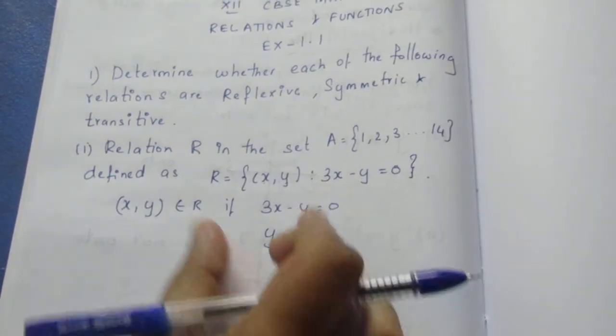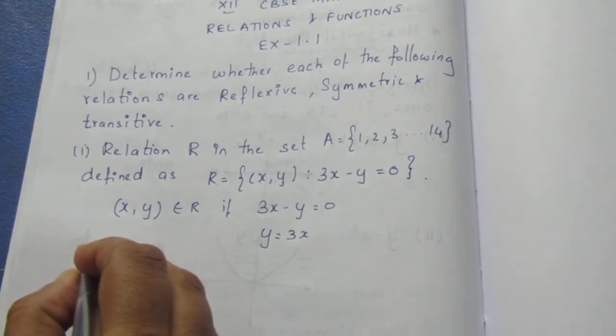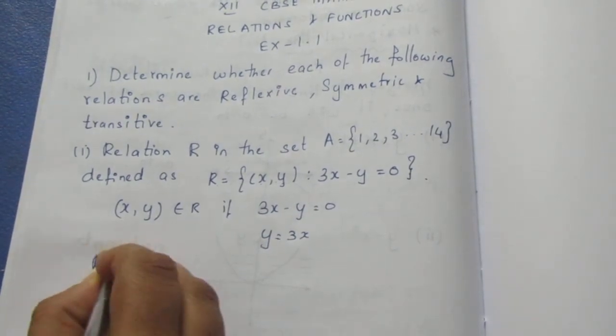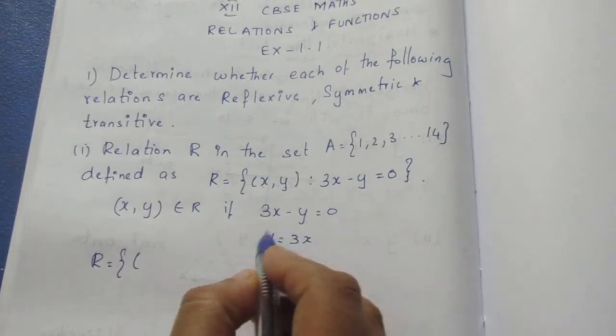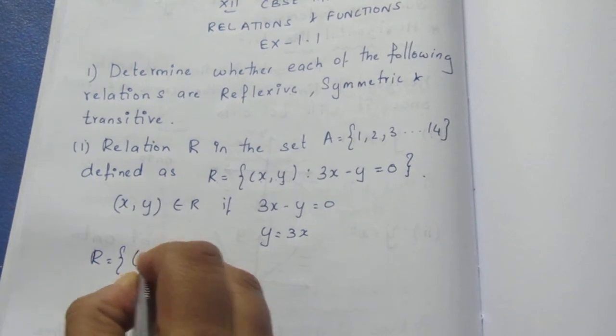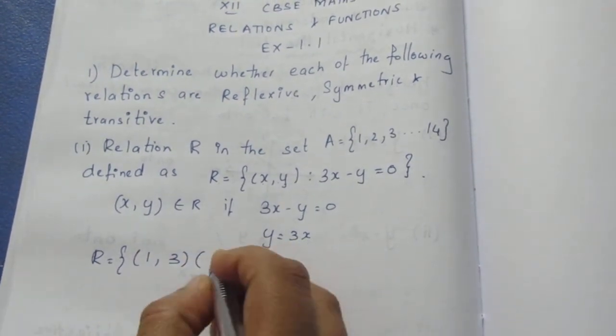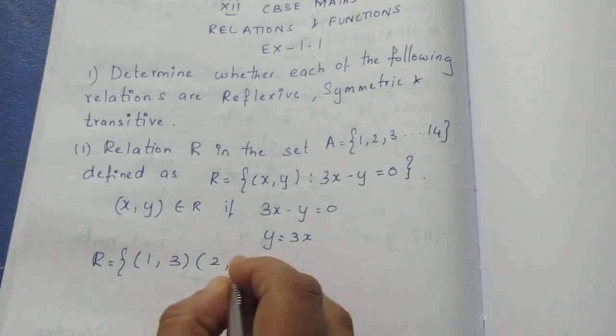So we are going to form the relation by using the given A. If I substitute x to be 1, then y will be 3. If I substitute x to be 2, then y will be 6.